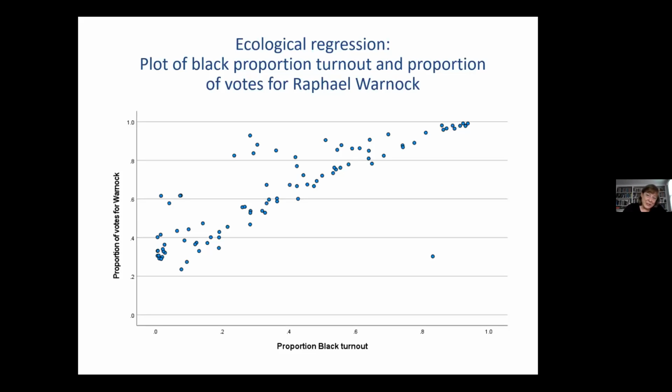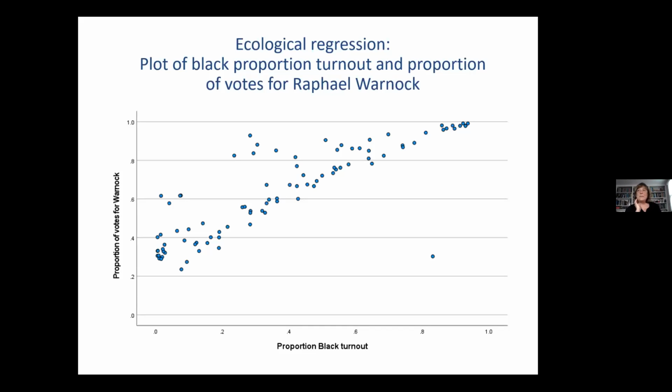I'm also using a jurisdiction in which, because voting is polarized, if you take the line over, I think you're going to find you're a little bit above 1. One of the drawbacks to ecological regression is it produces estimates that are outside the logical bounds. You can get something like 101% or 105% of Blacks turning out and voting for Warnock, which is not possible.